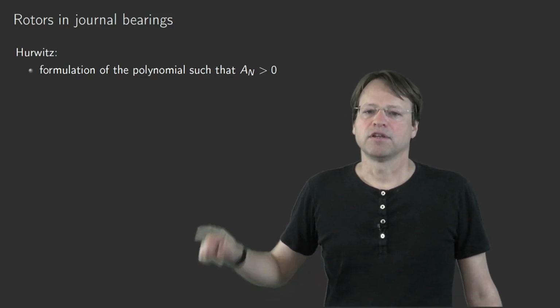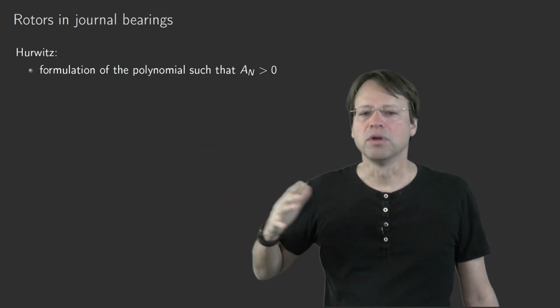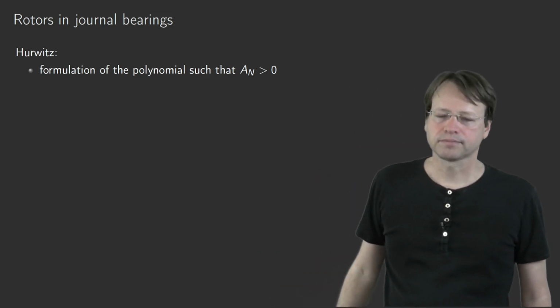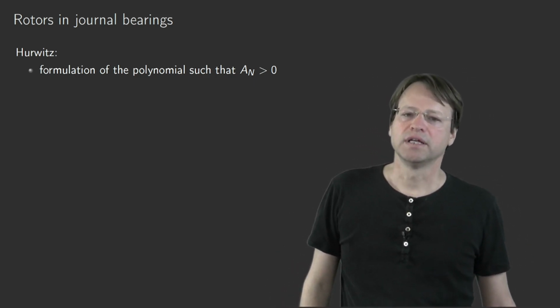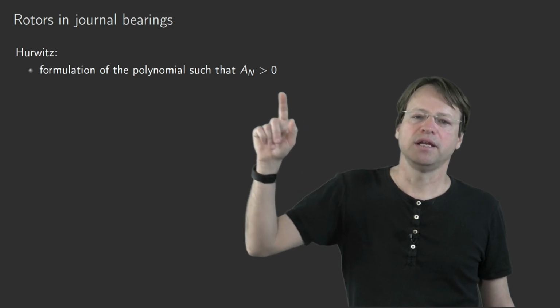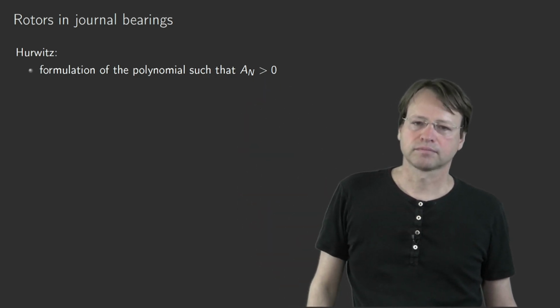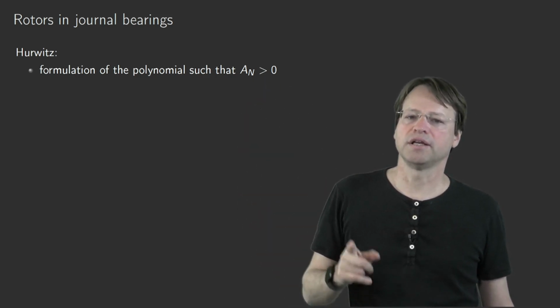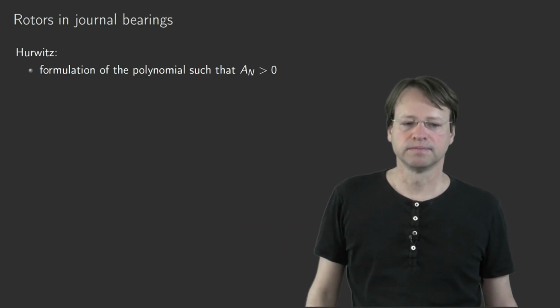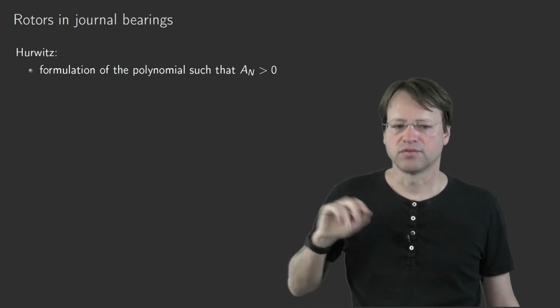So first of all, you have to somehow normalize your characteristic polynomial in such a way that a sub n, so the coefficient of the highest power, is positive. Then you have that standard form.